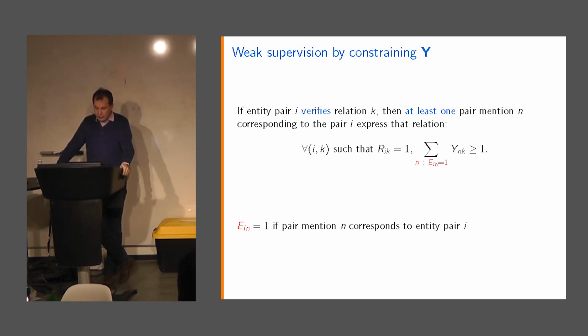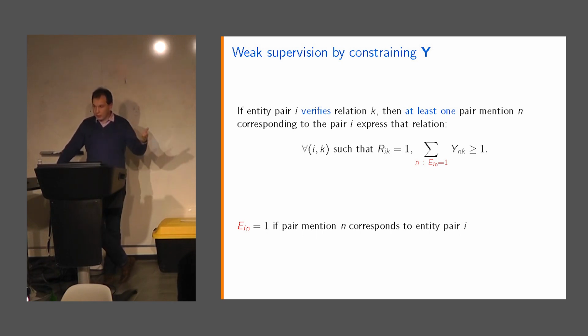So for all the sentences in which the entity pair i appears, so for all the sentences n such that E_in is equal to 1, we want at least one of the corresponding Y_nk to be equal to 1.